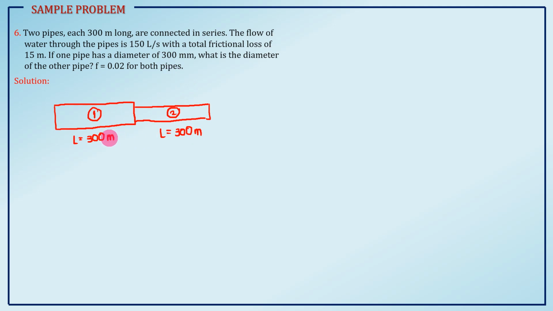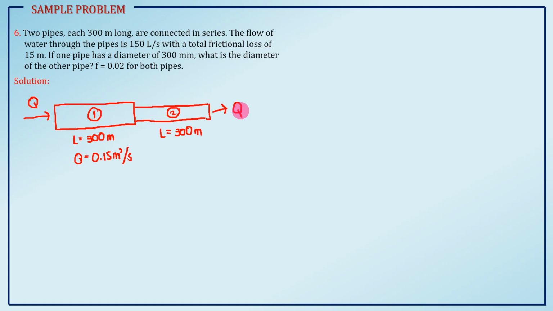Then, the flow ay 150 liters per second or 0.15 cubic meter per second. So, yan yung nagpo-flow dito na liquid. Yan yung Q niya. So, Q, 0.15 cubic meter per second.